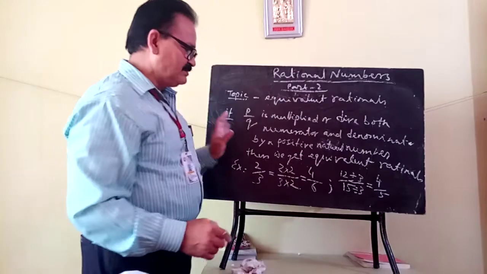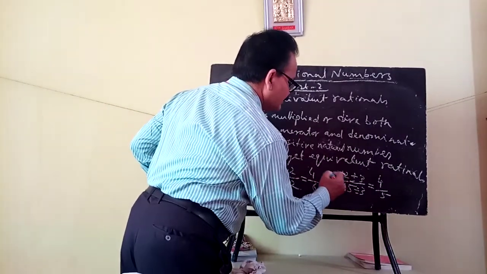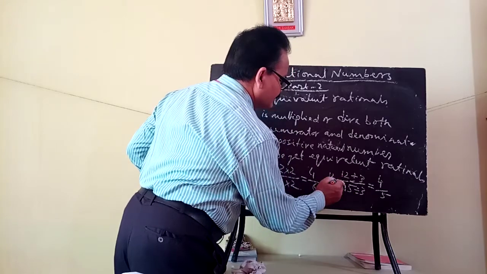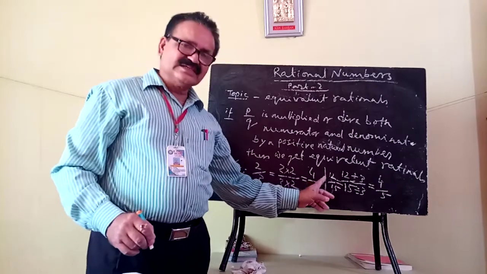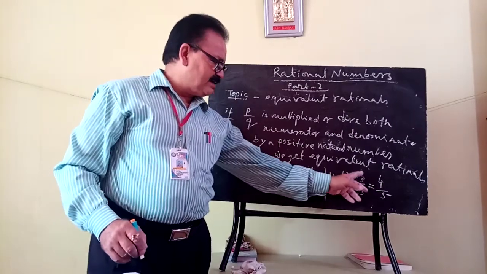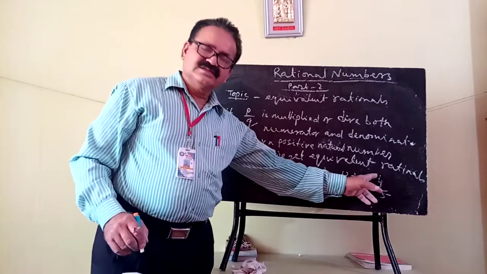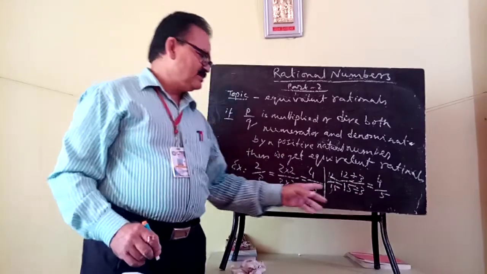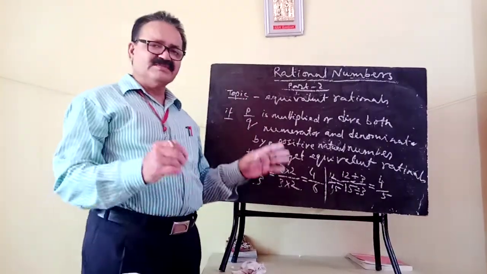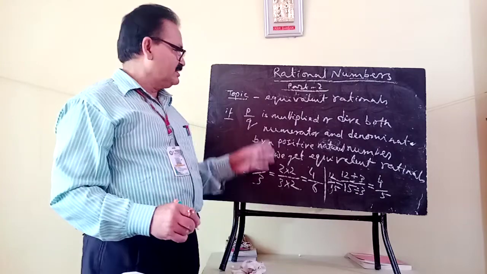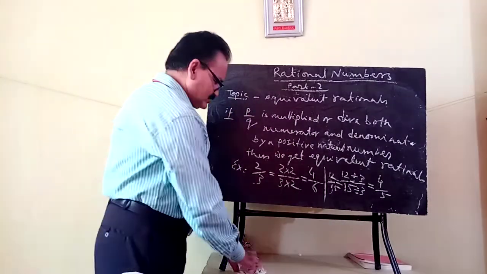So 4 by 5 is the equivalent rational number of 12 by 15. So by multiplying or dividing by the same positive quantity, you will get an equivalent rational number. Is it clear? Now should I remove it?